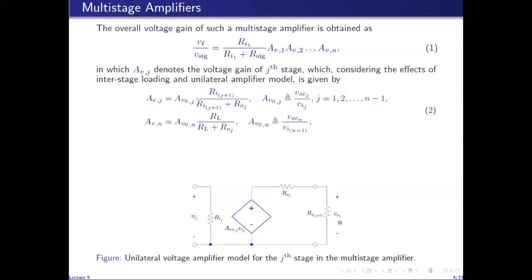V naught J, which is the input voltage of the J plus first stage, is the output voltage of the jth stage. So this is the unilateral model for the voltage amplifier in the jth stage.